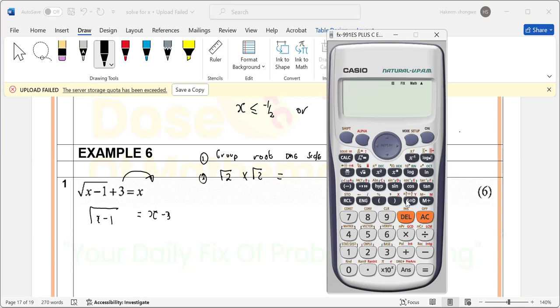So root 2 multiplied by root 2 is equal to 2.